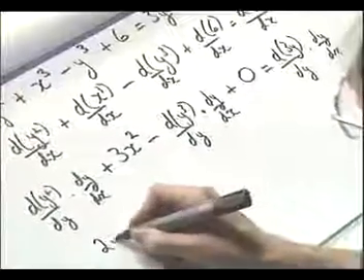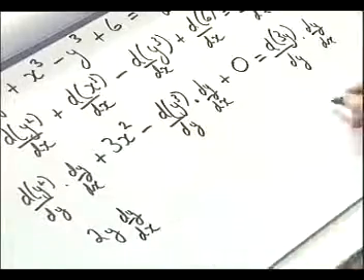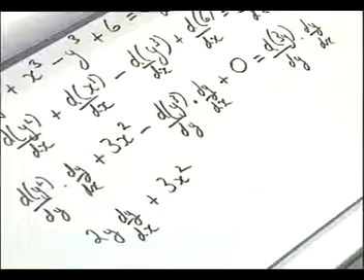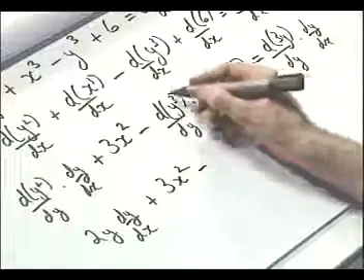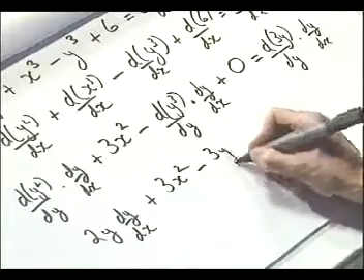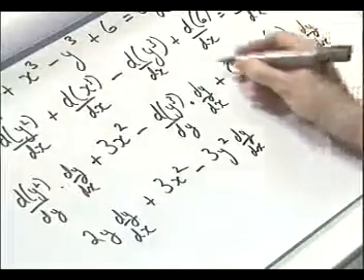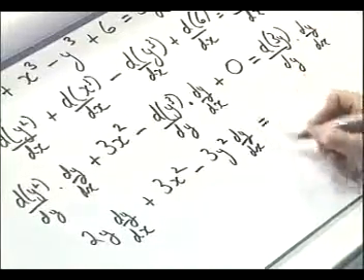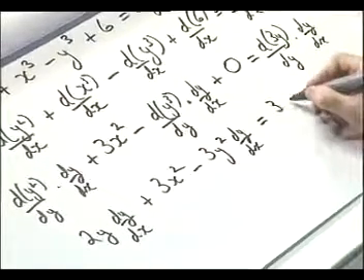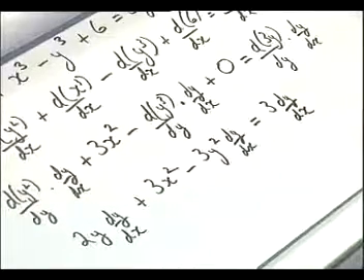So that will give us 2y dy by dx plus 3x squared minus the derivative of y cubed with respect to y, which is 3y squared dy by dx. We can ignore the 0, and the derivative of 3y with respect to y is 3 times dy by dx.